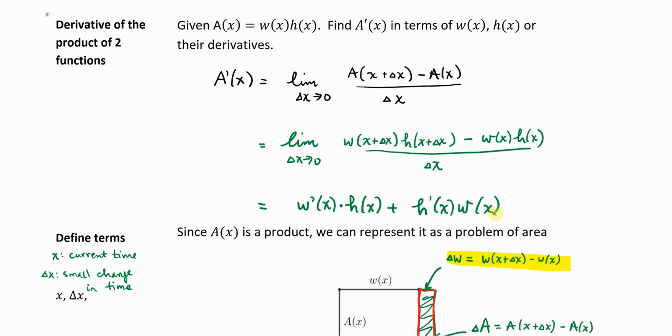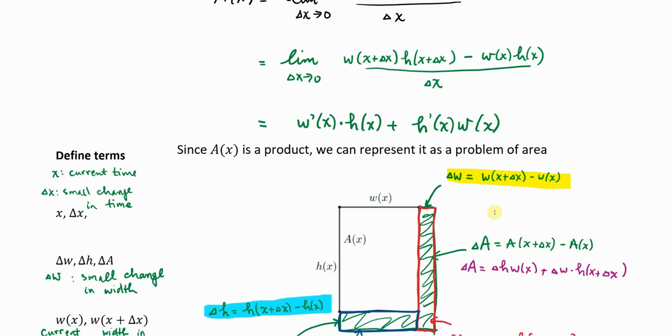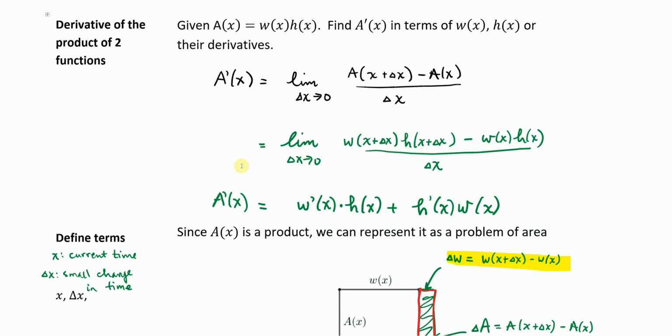Now, I should say that we use the geometric ideas of the rectangle here to make sense of our problem, but we're not limited by the rectangle idea. We could use this for just any functions at all, as long as it is two functions multiplying together, the product of two functions.